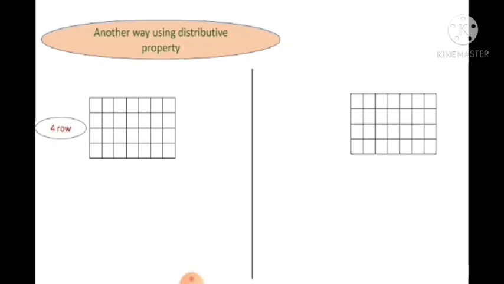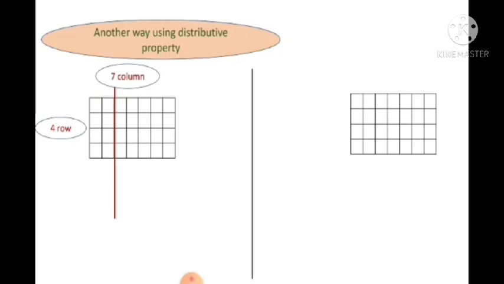Another way is using the distributive property. First shape, we have 4 rows and 7 columns. Count 2 columns and draw a line. Let's distribute 7 columns into 2 columns and 5 columns. Now we have two shapes.